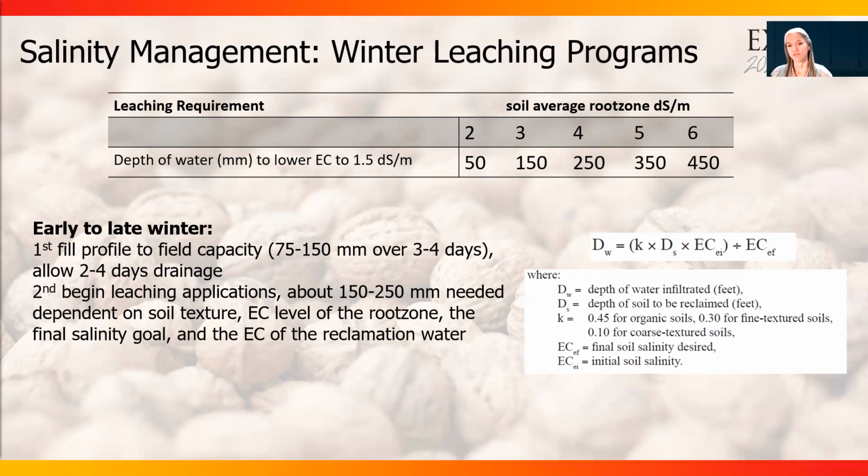And then you can begin your leaching applications. Throughout that winter season, you're going to need probably between 150 to 250 millimeters. But this could vary depending on your soil texture, the EC level of your root zone, the final salinity goal, and the EC of your reclamation water.